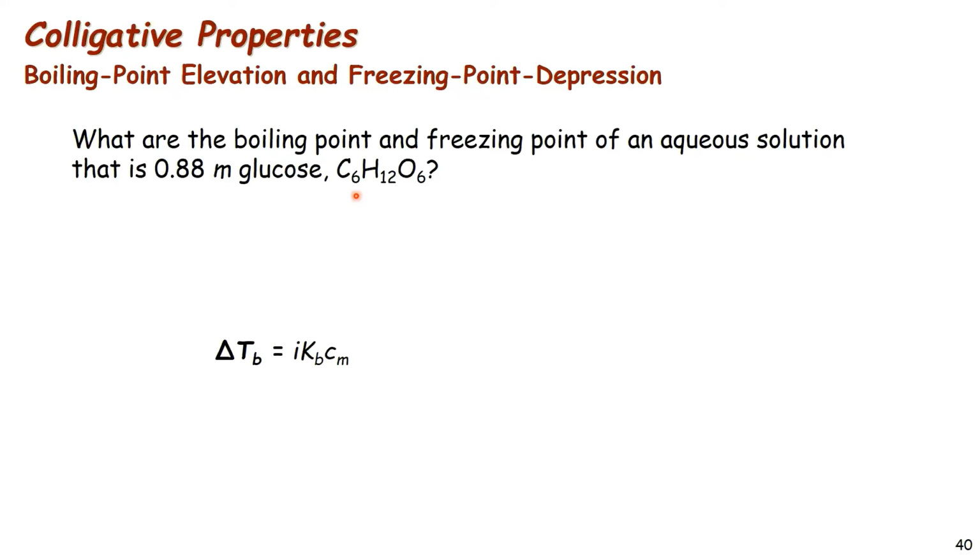Is it a strong electrolyte? Well, remember, with the exception of organic acids, all molecular compounds are non-electrolytes. They don't dissociate at all. So therefore, what is the Van't Hoff factor for glucose?